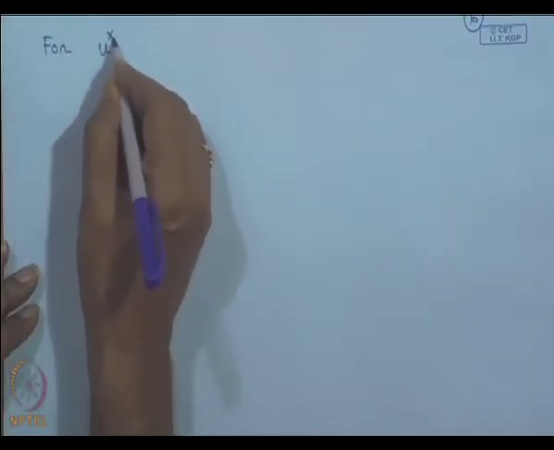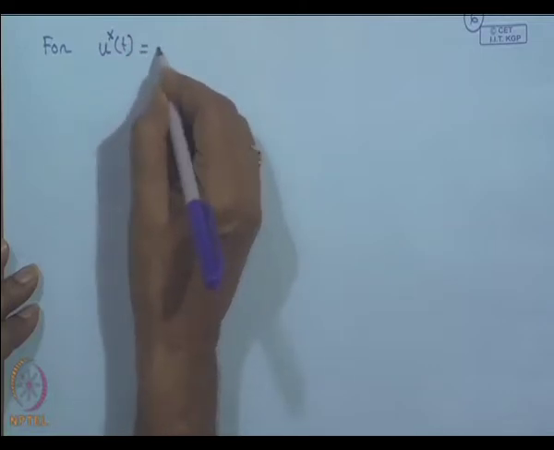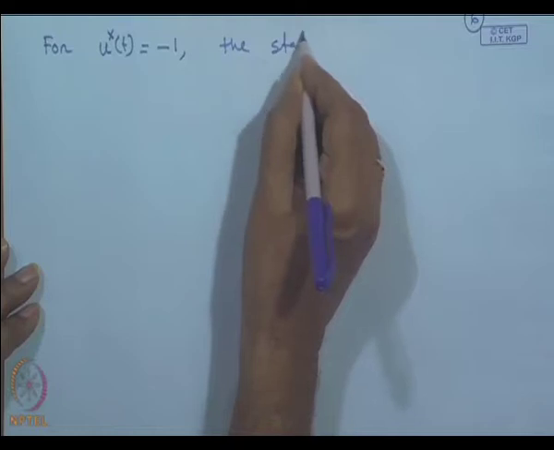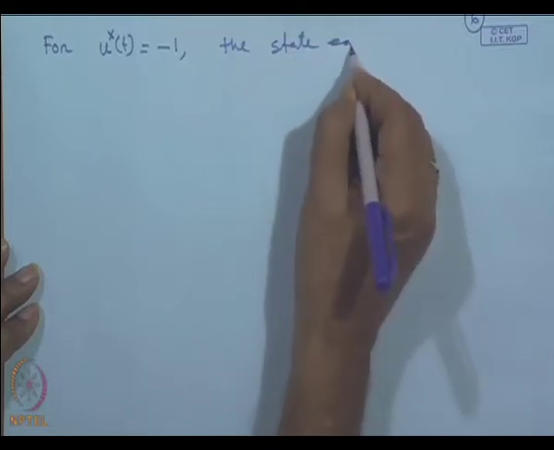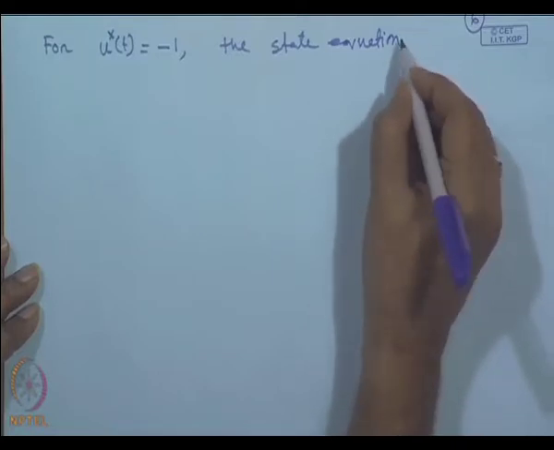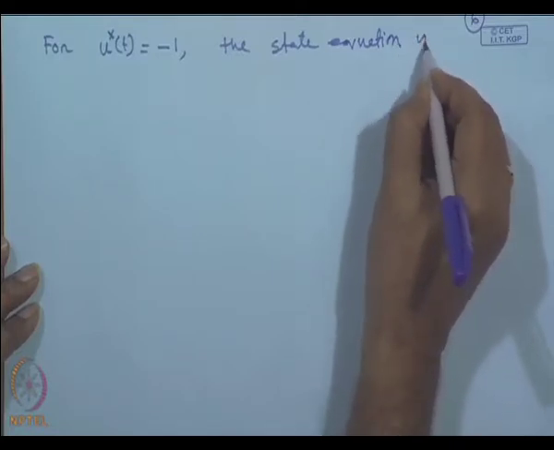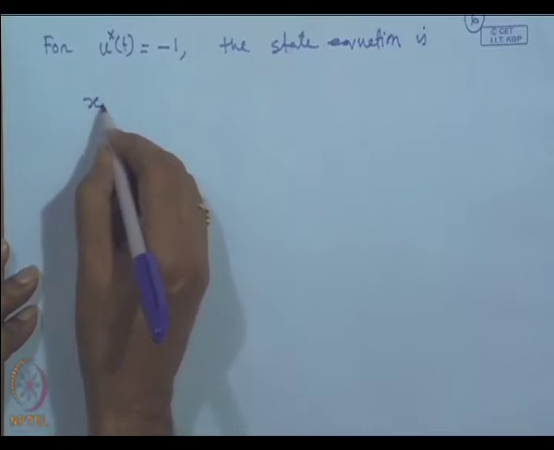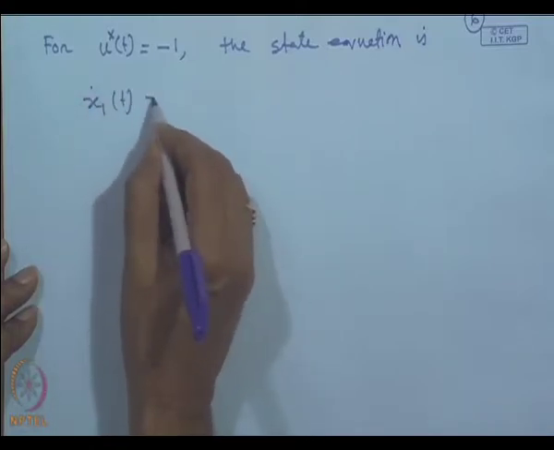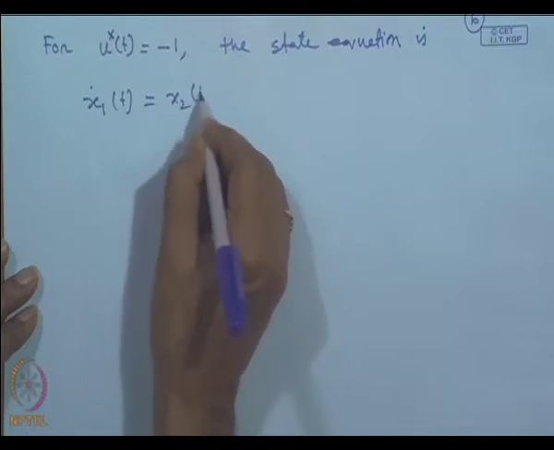For u star of t equal to negative, the state equation is x 1 dot of t is equal to x 2 of t.